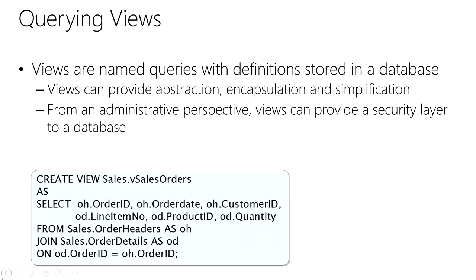And also to give you an additional security layer. We can start adding security at the view layer, and then we don't have to worry about people accessing the tables directly underneath. So you give someone rights to the view without giving them rights to the table. So they only see it the way you intend it to be shown. Exactly. So it's a pretty useful tool.